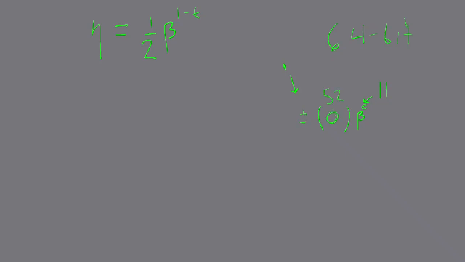So there's 52 in there. And then specifically for this case, we'll see that our rounding unit is 1/2 times 2 to the 1 minus 52, which is equal to 2 to the minus precision. So it's pretty cool, good to know. It'll definitely come in handy later.